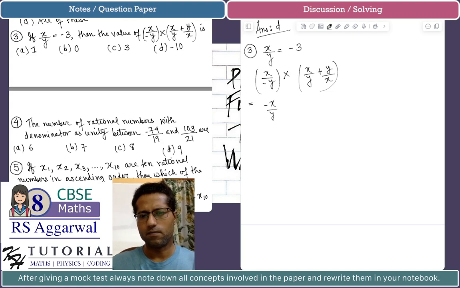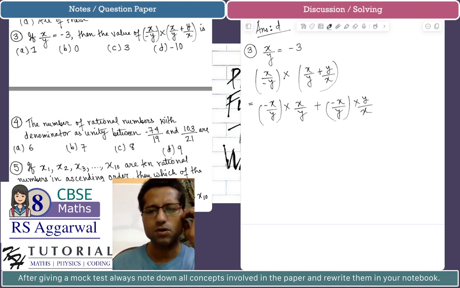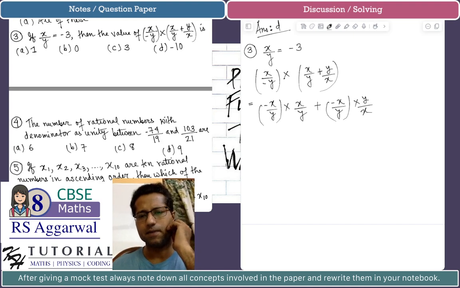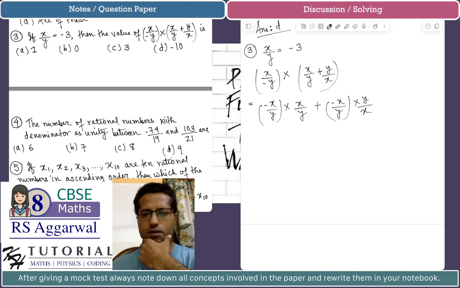So I have minus x by y multiplied by x by y, plus I have minus x by y multiplied by y by x. Okay, so I simply applied the distributive law of multiplication over addition of rational numbers. Now what is this? The first expression is a product of minus x by y multiplied by x by y.